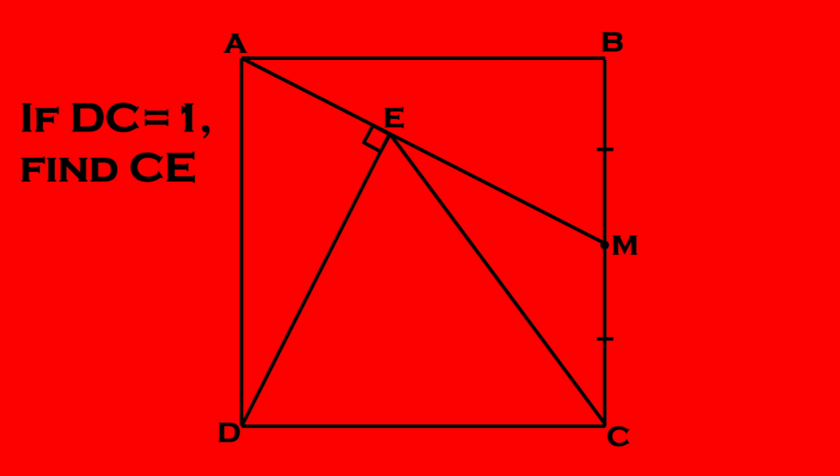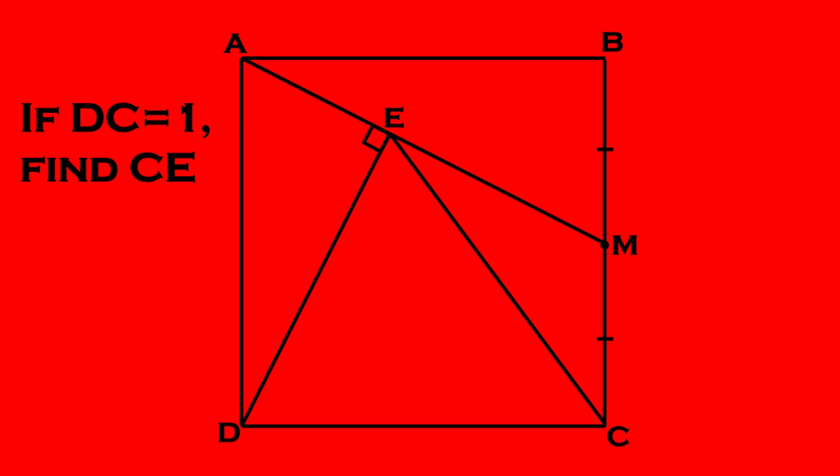So, the first thing to do in this kind of problem is just to observe. Observe if an angle seems to be equal to some other angle, or if a line segment seems to be equal with some other line segment.